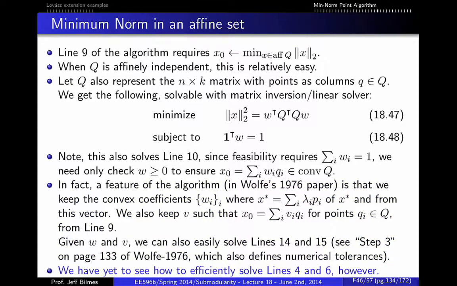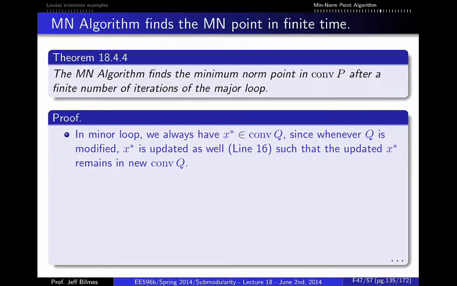So we're doing pretty well, right? The only thing we haven't yet done is to see how we can solve lines 4 and 6. I want to try to do this in the next 10 minutes, in the context of this theorem. The theorem says that the minimum norm algorithm finds the minimum norm point in the convex hull of P after a finite number of iterations of the major loop. We know that the minor loop costs n cubed.